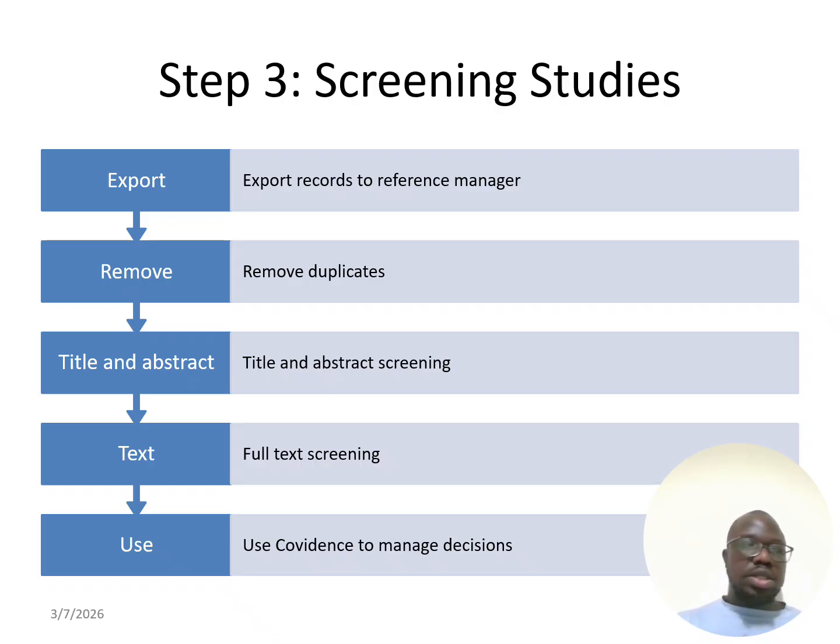And the screening process, before it used to be a lot manual, but now it has become more digital. So you have what are called reference managers, you have systematic review software. So we are going to use Covidence, which is one of the systematic review softwares.